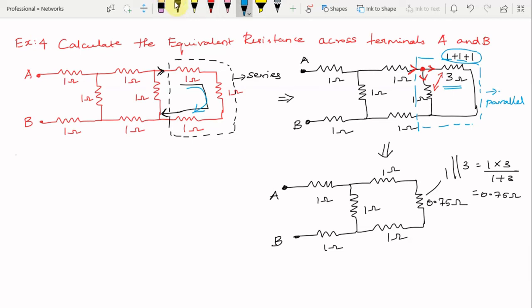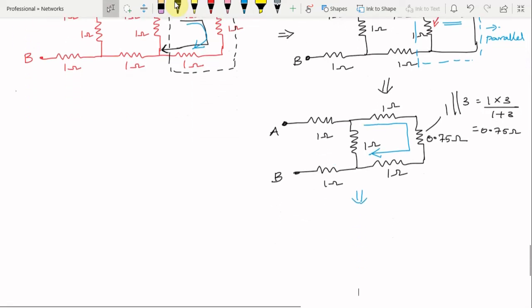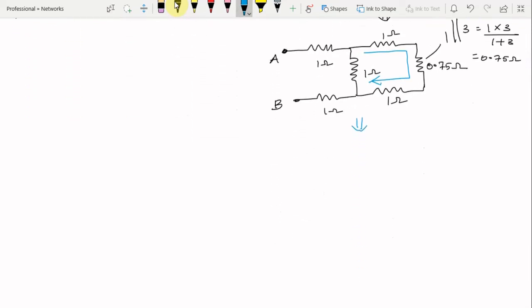Now, again, these three resistances are connected in series. So now again if we add these, we will get the equivalent circuit as 2.75.